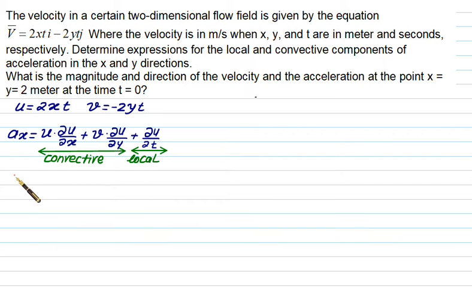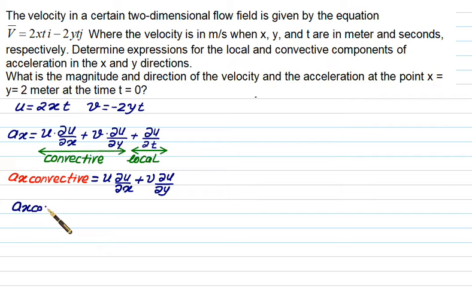So the convective acceleration along the x direction is simply u ∂u/∂x + v ∂u/∂y. Here u = 2xt, and the derivative of u with respect to x is 2t, plus the v component, which is −2yt, and the partial derivative of u with respect to y is 0.